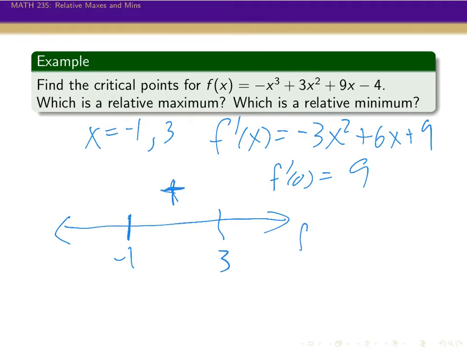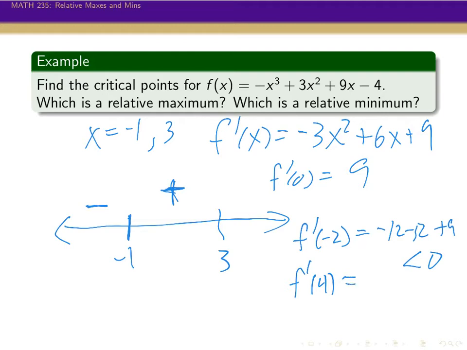If I plug in something a little bit to the left of -1, so say -2, this would be -3 times 4 is -12, minus another 12, plus 9, that is going to be less than 0. So I am negative over here. Same thing if I plug in a point a little bit to the right of 3.